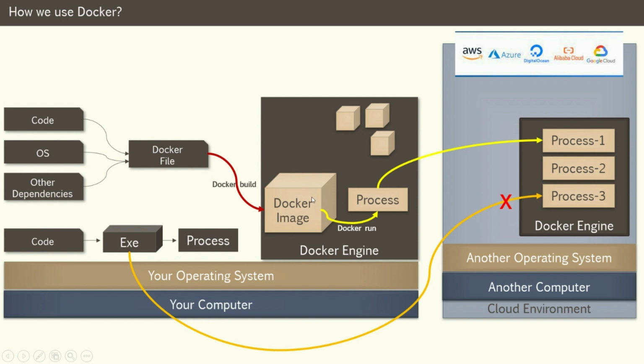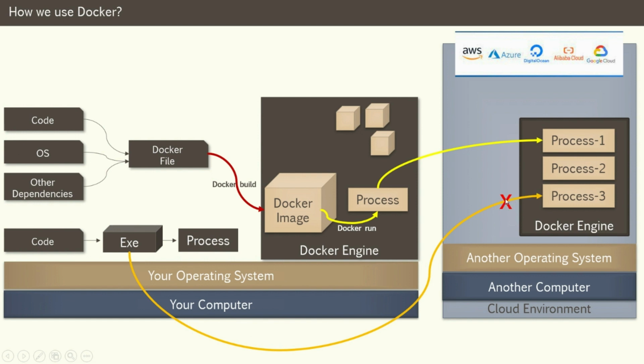And this Docker image can be run on a cloud environment using the Docker engine. That is, you are moving the Docker image to the cloud environment and running it, rather than running the exes produced out of this code and putting them there.